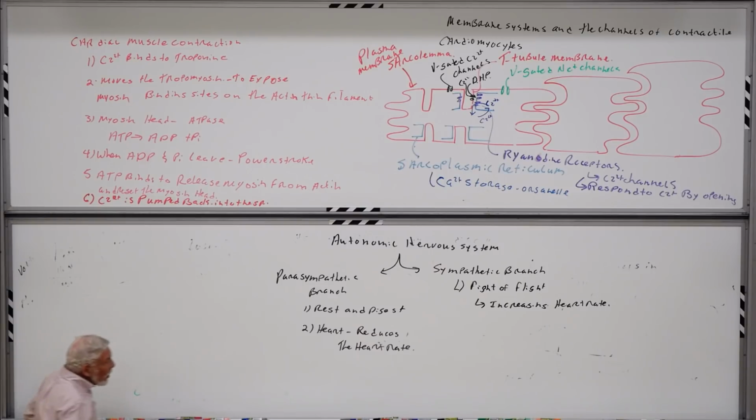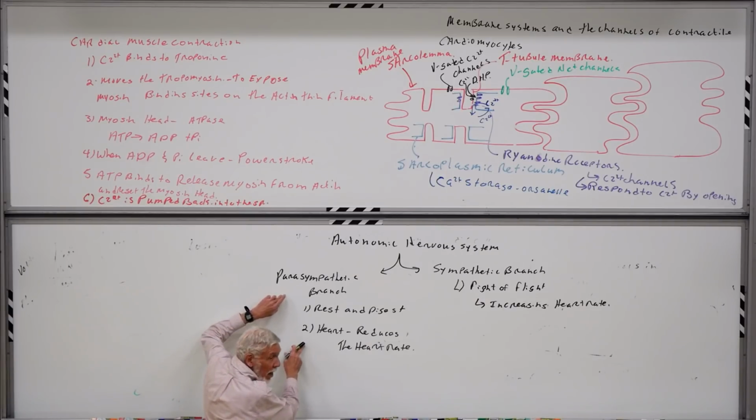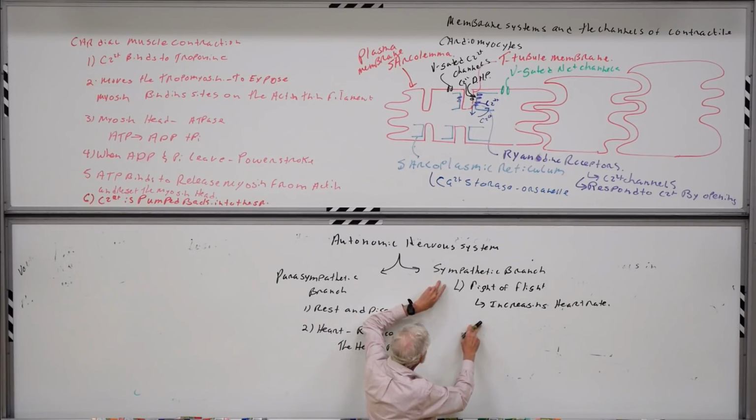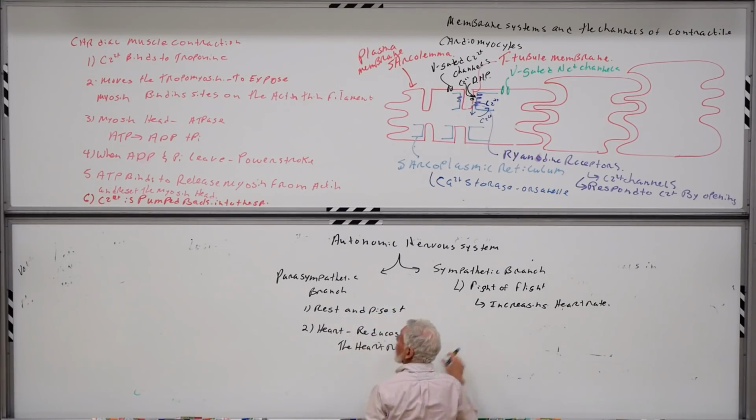So when you're sitting at home eating popcorn and watching TV, you're mostly under the regulation of the parasympathetic branch. But when something really frightening has just happened to you, you're mostly under control of the sympathetic branch.